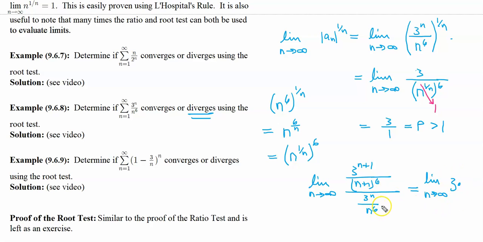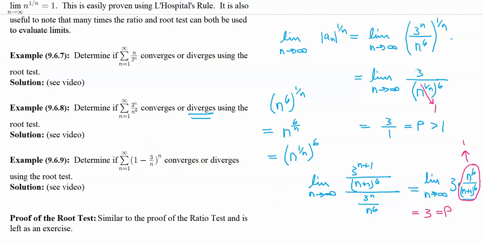And then if we flip this up, we're going to have n to the 6th divided by n plus 1 to the 6th power. And now this quantity, since the denominator is a polynomial of degree 6 with a coefficient of 1, its leading term is n to the 6th. This quantity right here is going to 1, and so we get a limit of 3. And so by the ratio test, we also get rho equals 3, and so we get divergence by the ratio test as well.